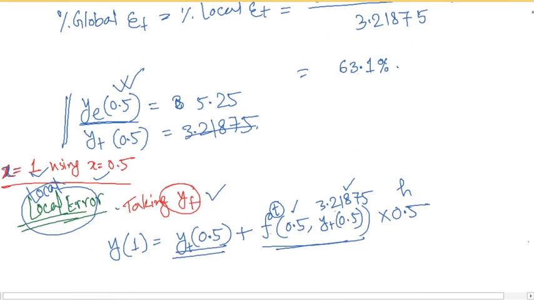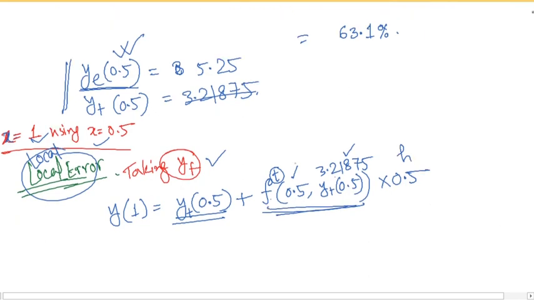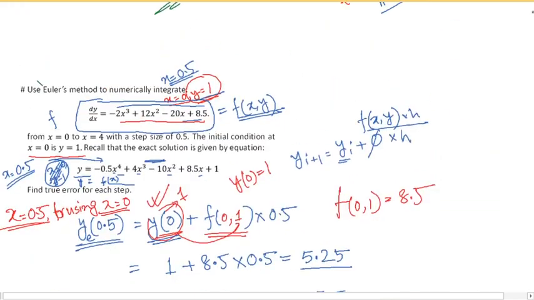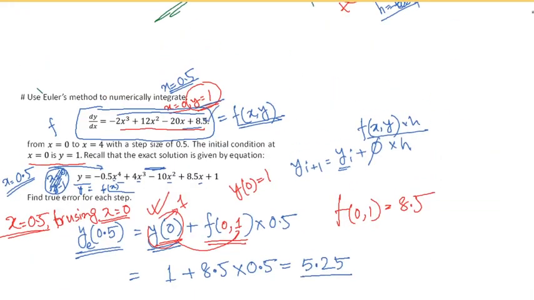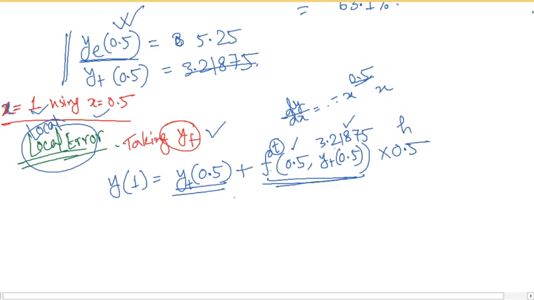and obtaining this f(0.5, yt 0.5). So this is basically the dy by dx, where x is there, we'll be putting the value of x equals to 0.5 in that equation, this is the equation, and you will be getting the value.